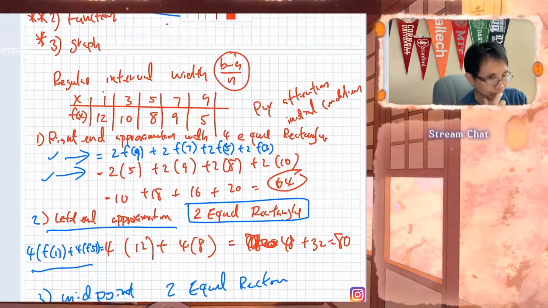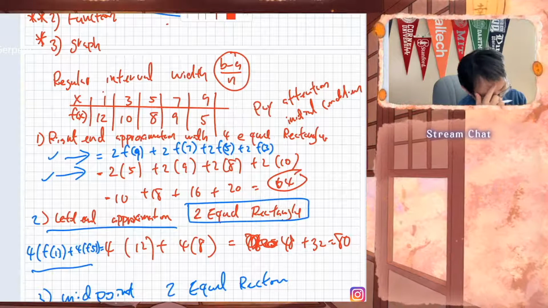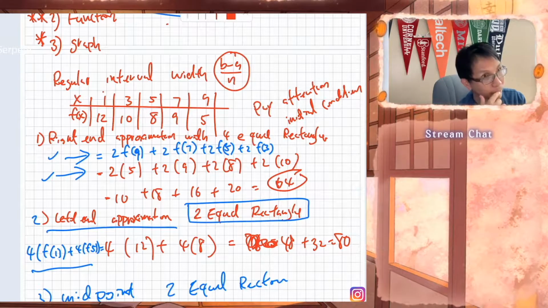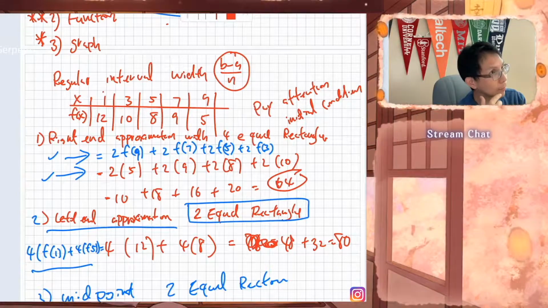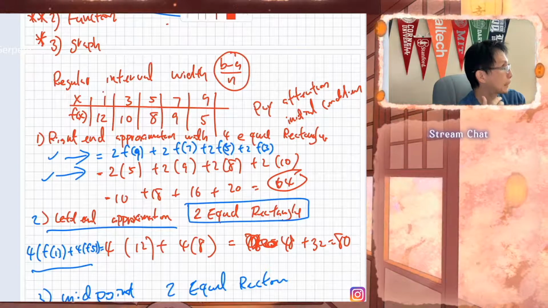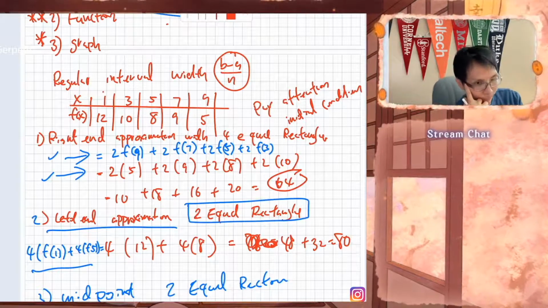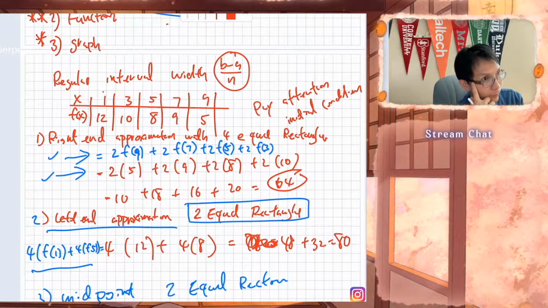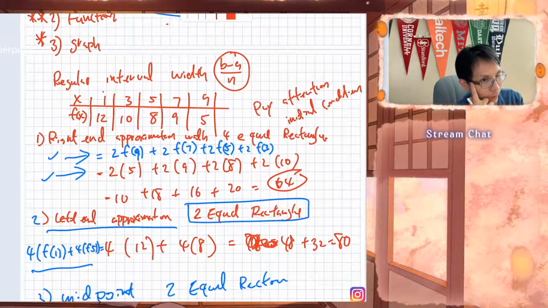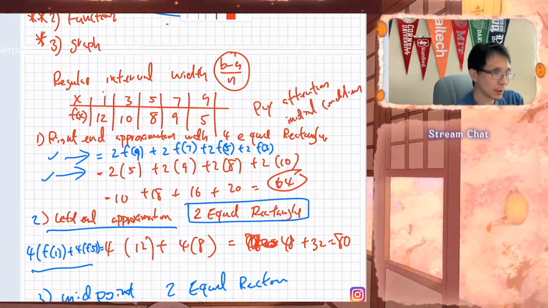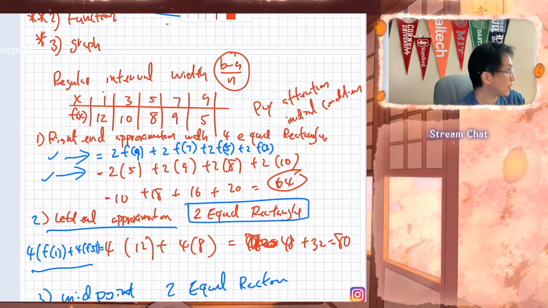Oh, it's different bottom numbers. Yeah. If I do 2 midpoint rule, what answer am I going to get? 76. 76 is correct.